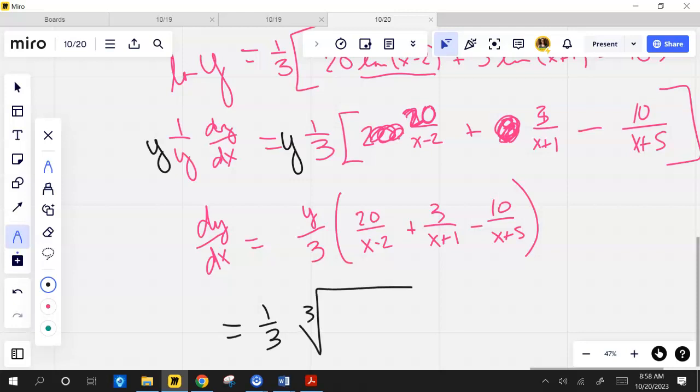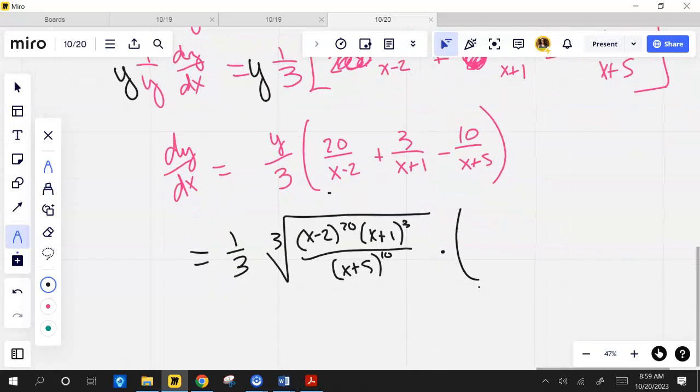the cubed root of (x minus 2)^20 (x plus 1)^3 over (x plus 5)^10, times all of this. It looks terrible, but I really haven't done a lot of work.